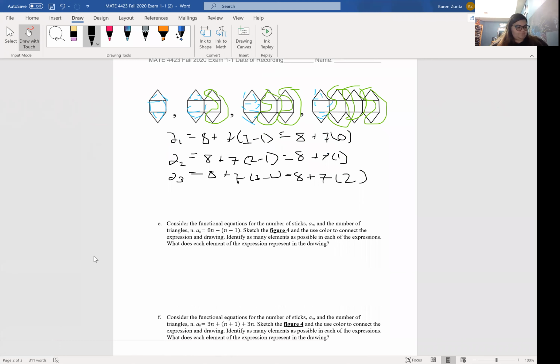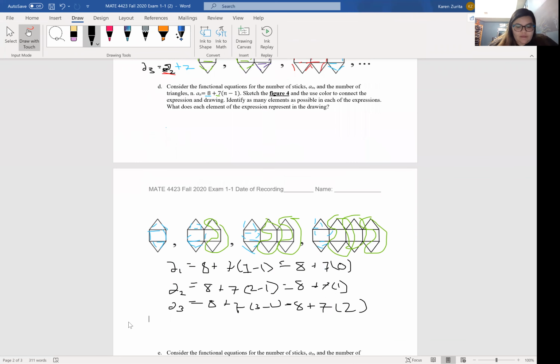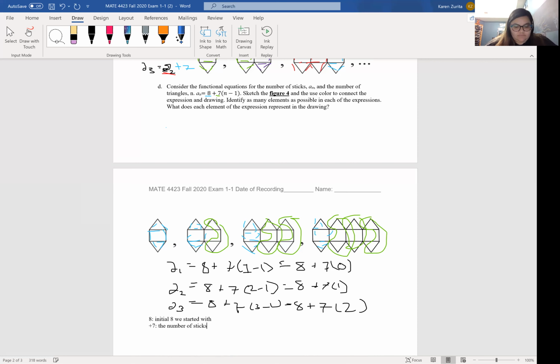And then here we have, you can't see them, but we have the 8, which is the initial 8 we started with. Then we have the plus 7, which is the number of sticks for each additional diamond.